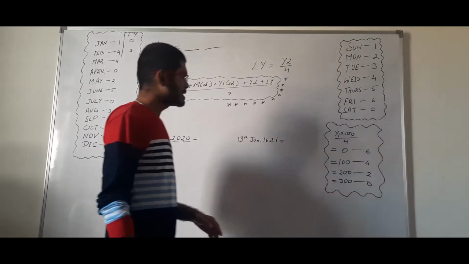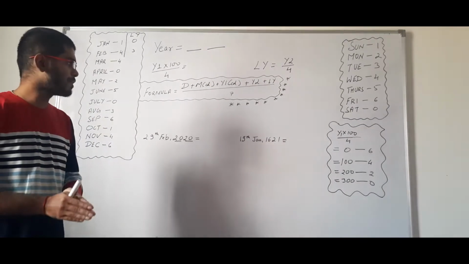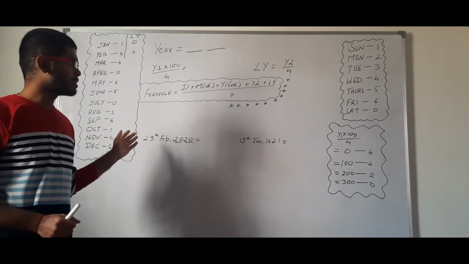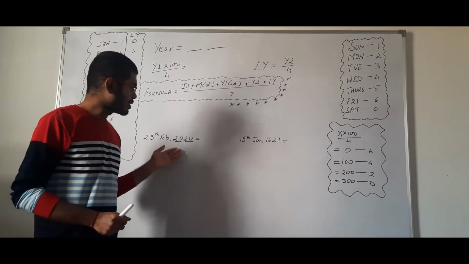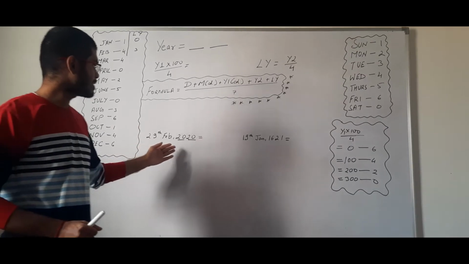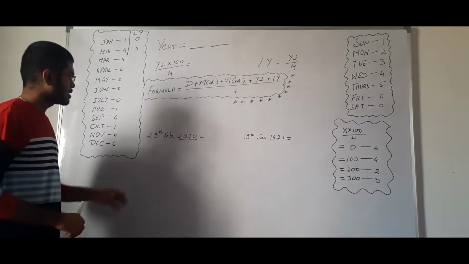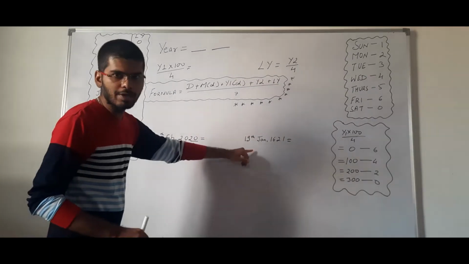Now guys, I hope that you have seen my previous video and you have remembered well the concepts. Now going on with this video, I have taken two examples, that is 29th Feb 2020 and 19th Jan 1621. Initially I'll solve this example, then I'll go ahead with this one.